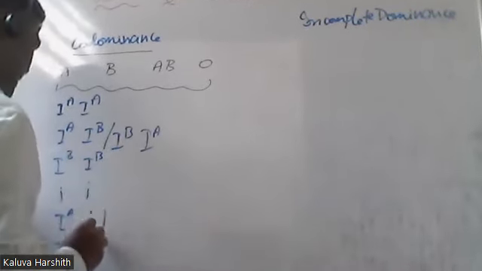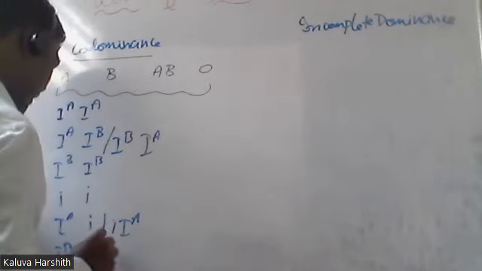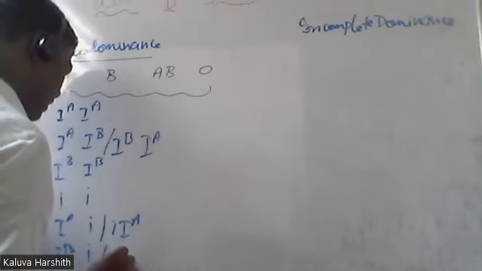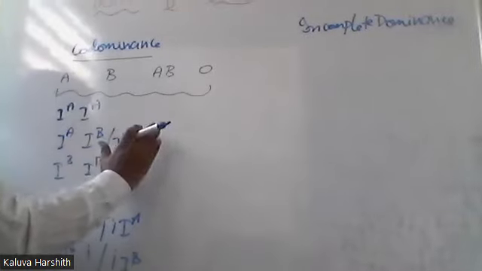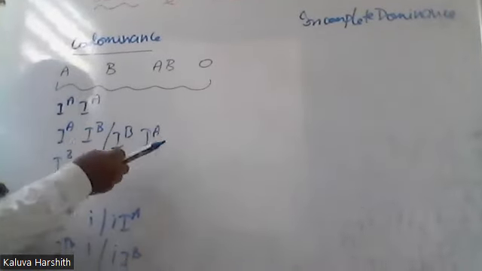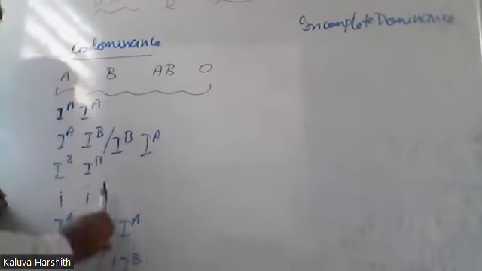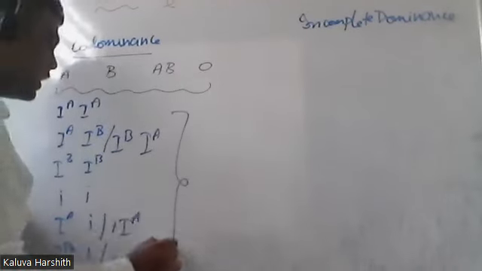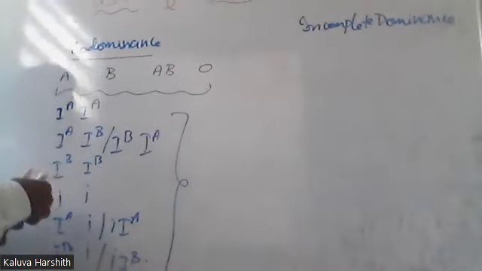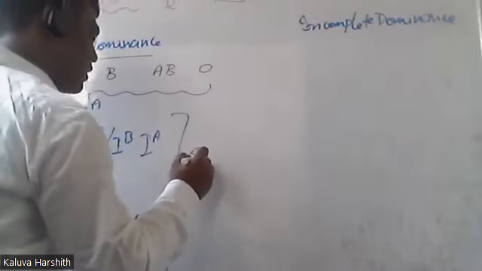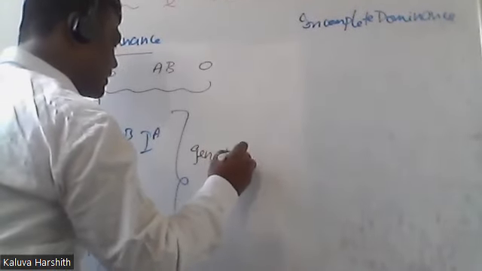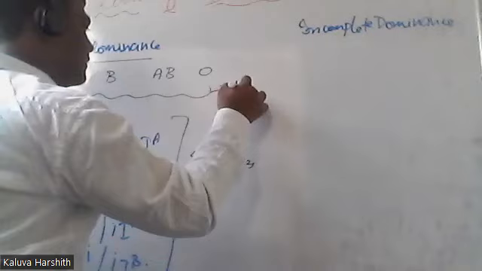Leaving these apart, these are the combinations that we can get. Only observe these. These are genotypes. This is phenotype.